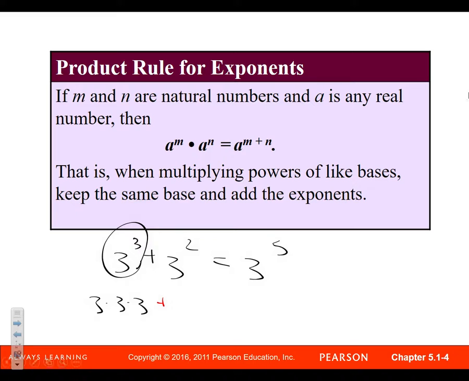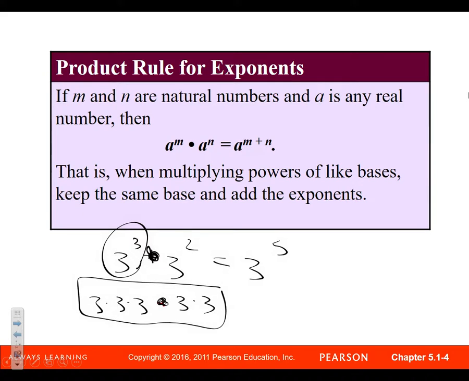Oh, sorry, this is not add, it's multiply. That didn't make sense to me for a minute. So we're going to multiply by another 3 times 3. And we already know, using our power rule, that I can just write that as 3 to the 5th. So that's kind of the whole idea behind how that works. Okay, questions there? We're good?